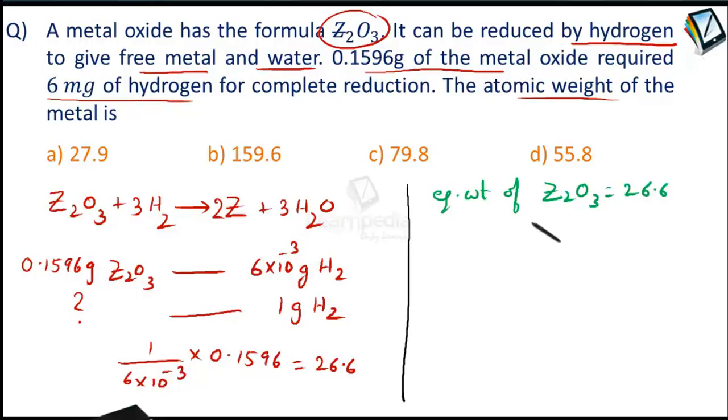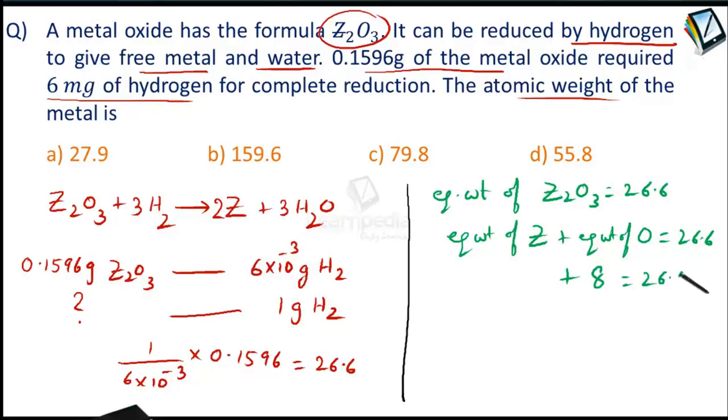Now the equivalent mass of Z2O3 is equal to 26.6, means it is the equivalent mass of the metal Z plus equivalent mass of oxygen, that is equal to 26.6, and we know this value is equal to 8 and this is 26.6. We will definitely get the equivalent mass of the metal Z, which is equal to 18.6.